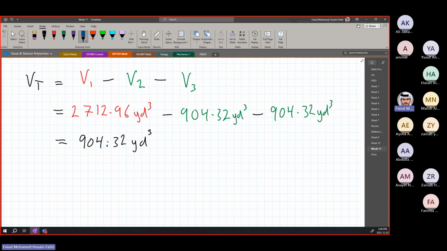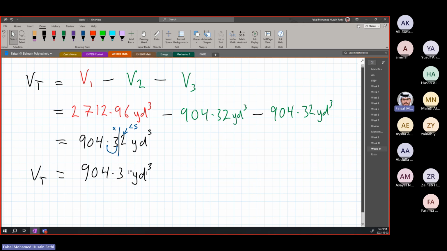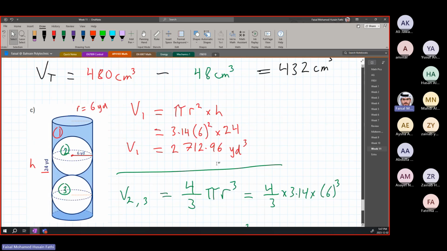We look at this decimal point, 1. Okay, so we draw a line here. We look at this number. It's less than 5. Less than 5, we do nothing here. Final answer, V total is going to be equal to 904.3 cubic yards. I think in the solution they only wrote 904, but clearly in the question it says to 1 decimal place. Any questions?